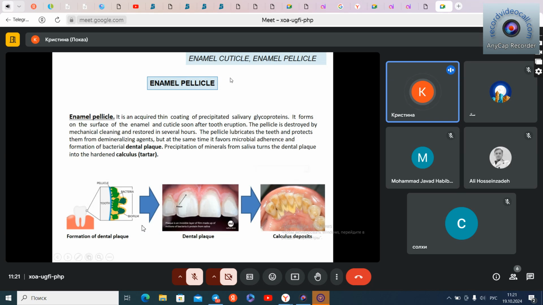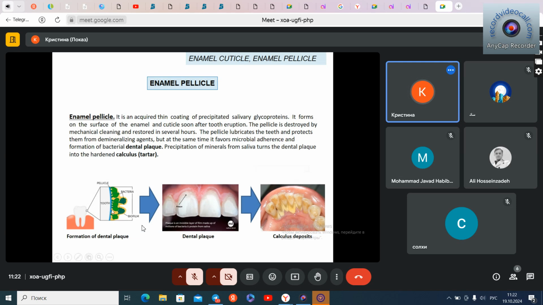And in the mature tooth, the enamel is covered with the enamel pellicle. Here we can see the tooth with its two roots. So the surface of enamel is covered with glycoproteins from saliva.